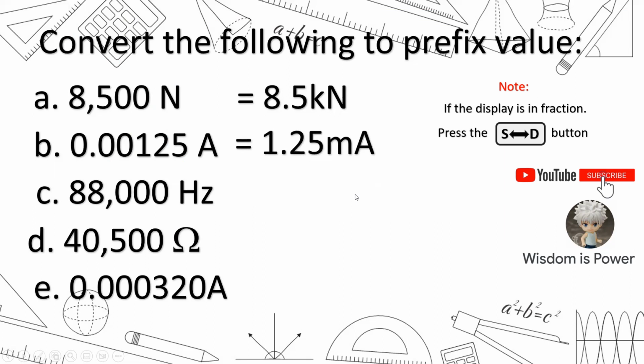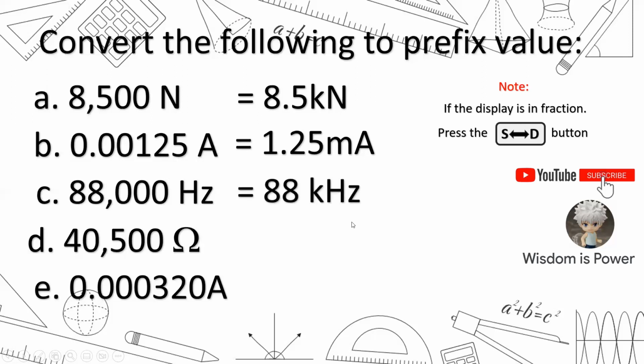Then continue practicing pressing in your calculator. So you will get 1.25 milliampere, or 1.25 times 10 to the negative 3. And that times 10 to the negative 3 corresponds to milli. Then you will write 1.25 milliampere. Same thing with letter C, 88,000 hertz.